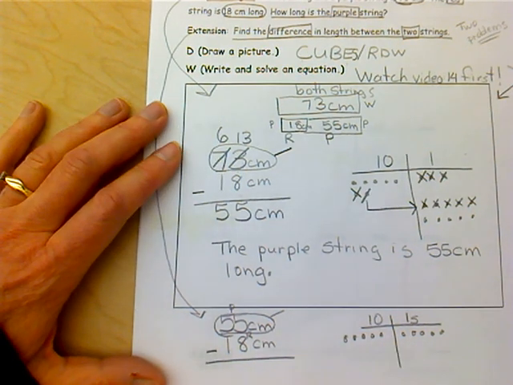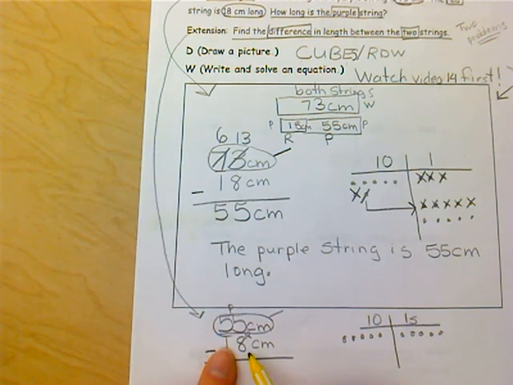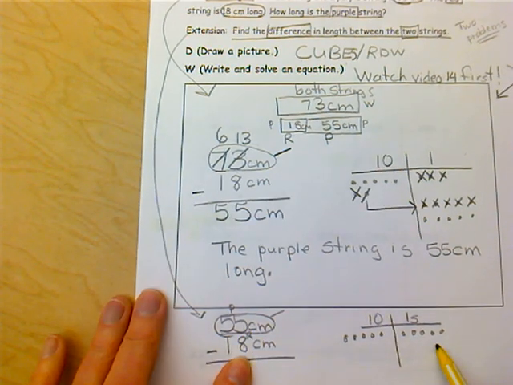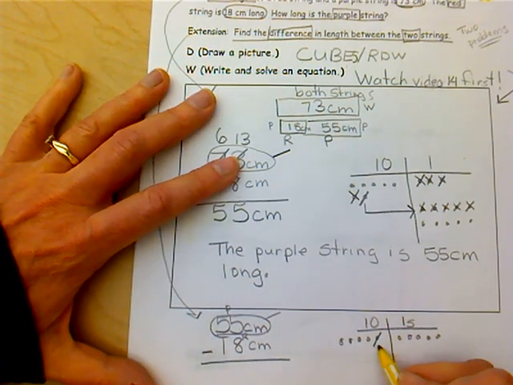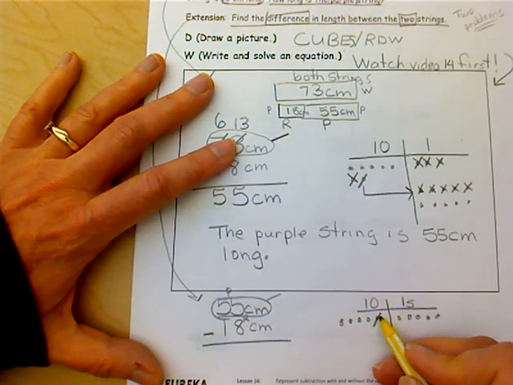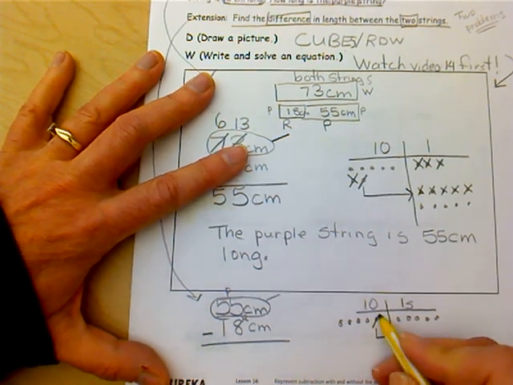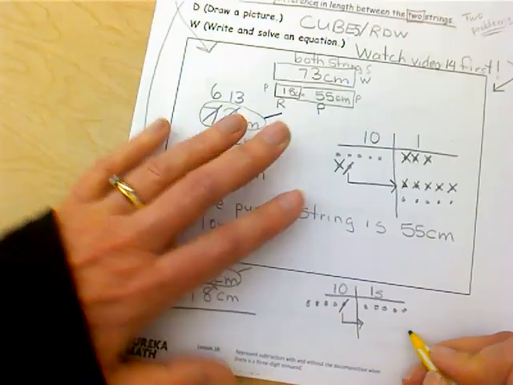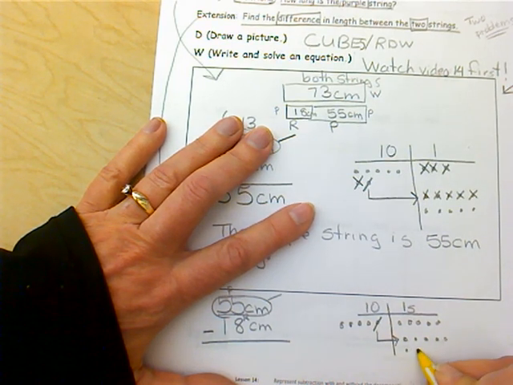All right, so I ask myself, 5 ones take away 8 ones. Can I take 8 ones from 5 ones? Nope, so I'm going to have to decompose. Remember, when I decompose, I'm going to cross one of my tens out and move it from 1 value to 10 ones. So from 1 ten now to 1, 2, 3, 4, 5, 6, 7, 8, 9, 10.